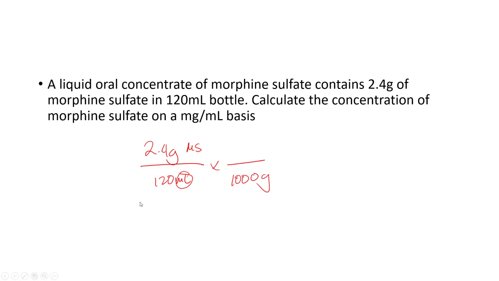It should be 1 gram. 1 gram is 1000 milligrams. So you have 2,400 milligrams over 120 ml. Do not forget to divide them. You have 20 milligrams per ml.